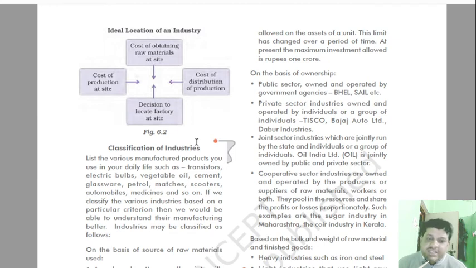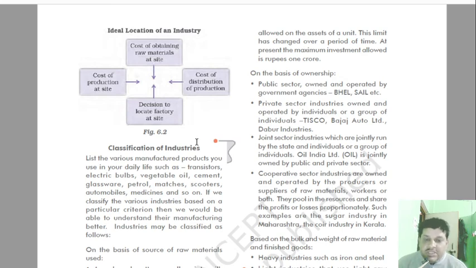Cooperative sector industries are owned and operated by producers or suppliers of raw materials, workers, or both. Cooperative is such a type of industry where the profit is not taken by a single individual. It is commonly regulated by the producers or suppliers of raw material or workers as a whole, and whatever profit is earned is distributed equally among them.